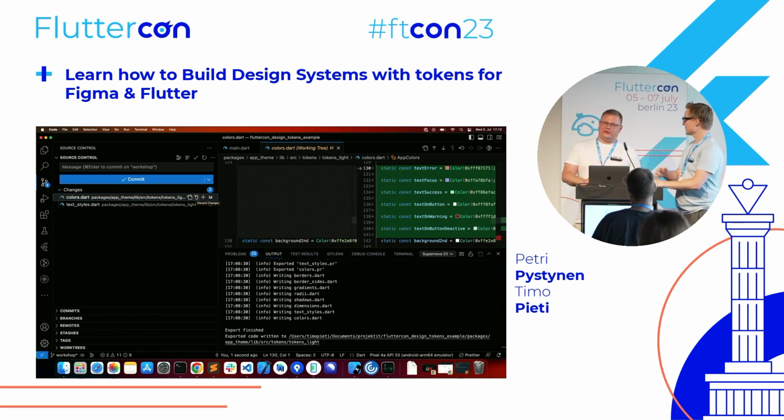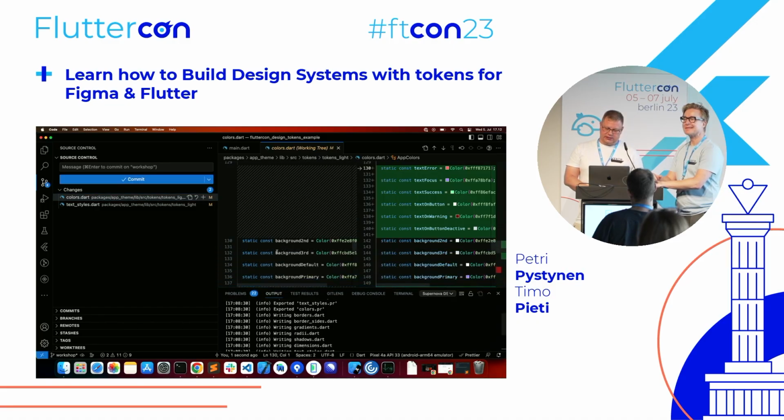I would prefer the design first, but it's not always possible. If the designer doesn't use tokens, it's really hard to use them as a programmer also. If the design is made with tokens, then it's easy to develop.